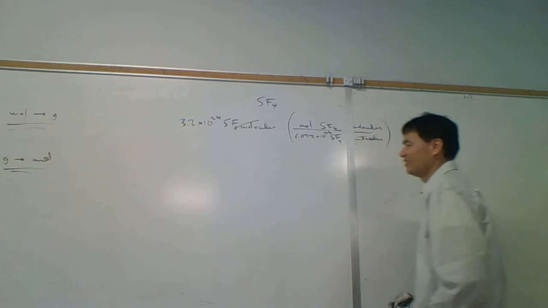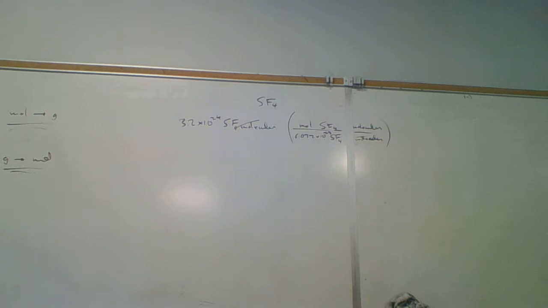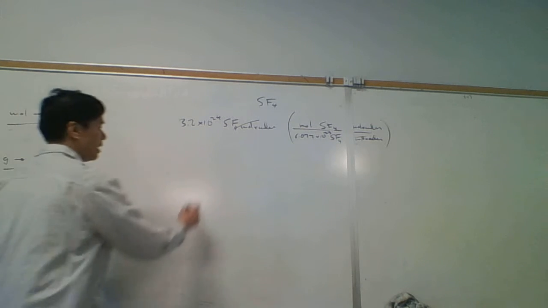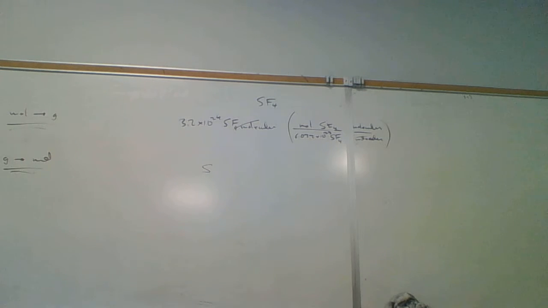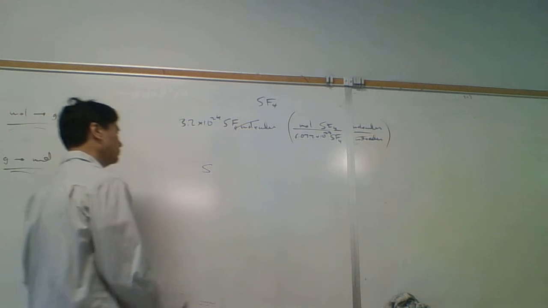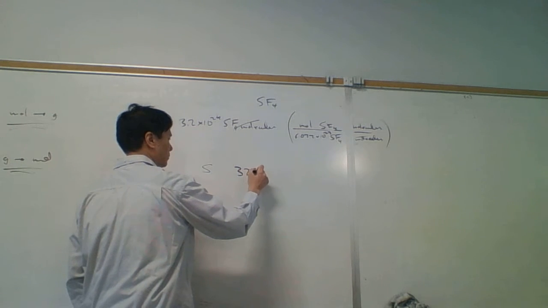And then we need to know how many grams. So we need to know how much a mole of SF4 weighs. We can figure it out, just go to the periodic table. We know what fluorine is already, but sulfur we can find out in the periodic table. What would you call sulfur? 32.07. Yeah.